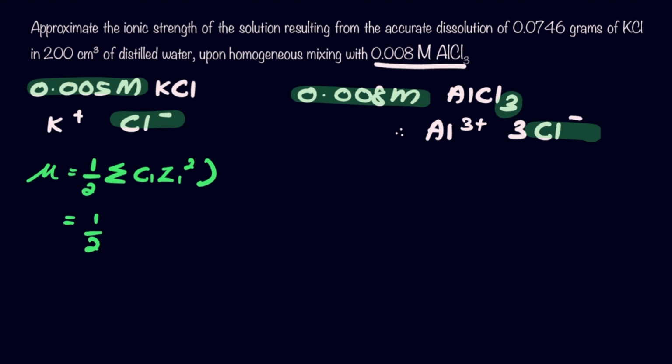I'm going to start with the KCl. So it's going to be 0.005, and then K is positive 1 to the power of 2.